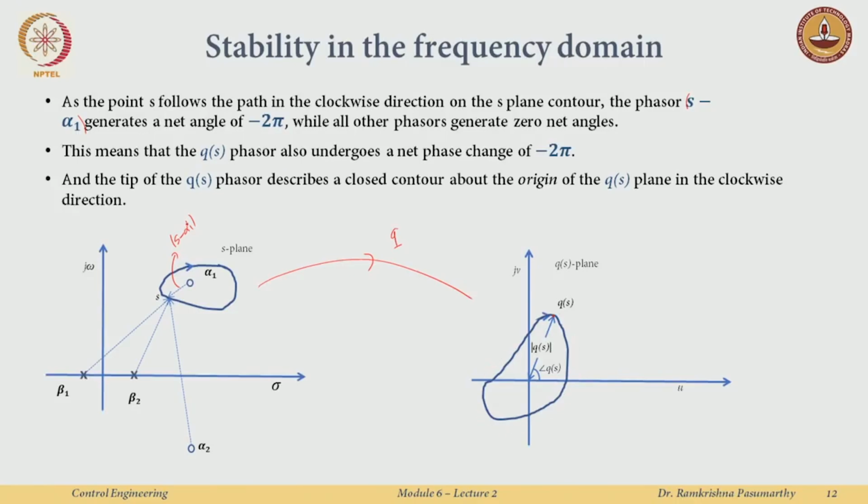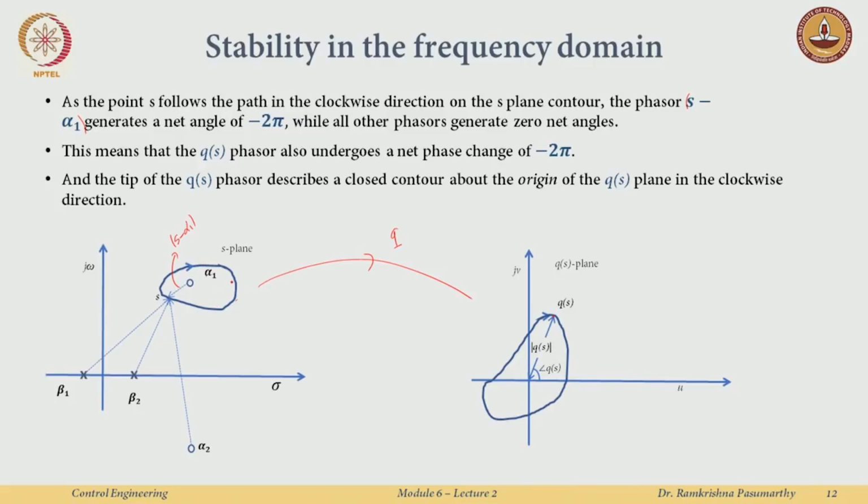What happens when s equals alpha 1? This is the origin, so this point maps to the origin here. Again, I have here two zeros, alpha 1 and alpha 2, and two poles, beta 1 and beta 2. I pick alpha 1 and generate a contour along this in the clockwise direction.